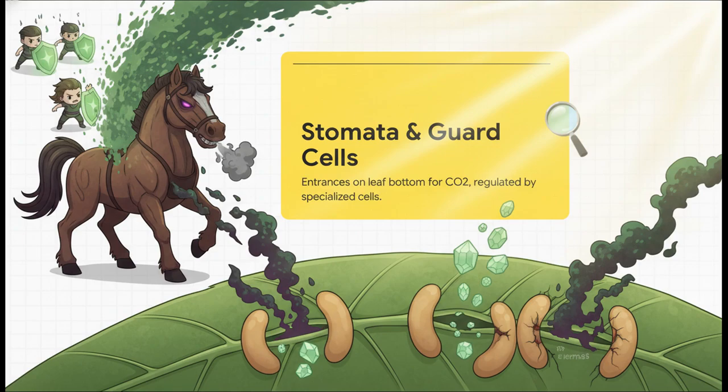On the bottom of the leaf, there are these microscopic entrances called stomata, which are opened and closed by pairs of specialized guard cells. And here's the catch. This mechanism acts as a total Trojan horse. The very gateways that were beautifully designed by nature to welcome life-giving carbon dioxide are hijacked by toxic gases like sulfur dioxide, allowing pollutants to completely bypass that protective epidermis skin.